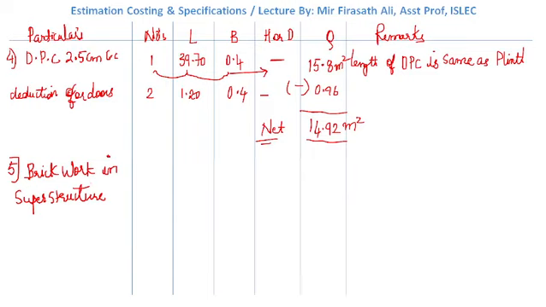The number will be 1 as usual. Now, we need to determine length. Therefore, length is equal to total center line length. What is the total center line length? 40.10 minus 2 into 1 by 2 into the breadth.